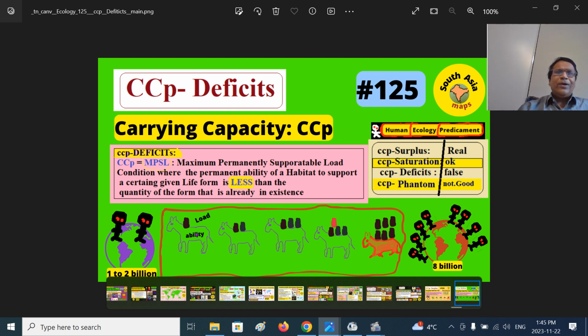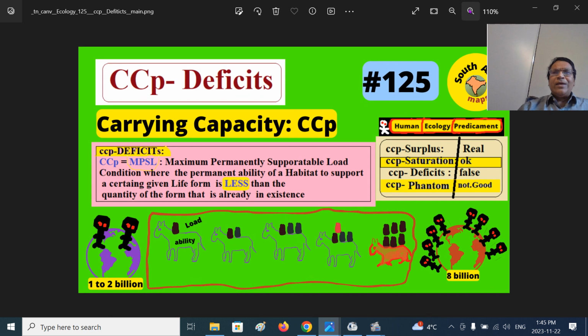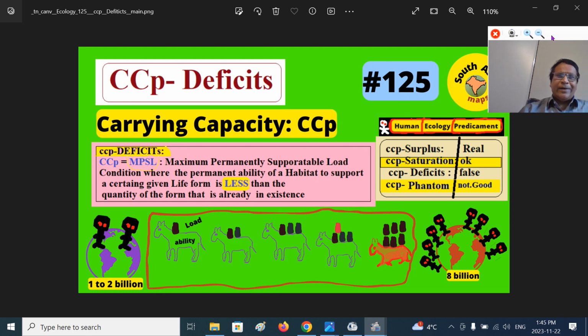What is CCP? What is carrying capacity? It is very easy to remember if you remember MPSL, Member of Parliament from Sri Lanka. That is the maximum permanently supportable load. This is the load, you see the bags here on the donkey's back.